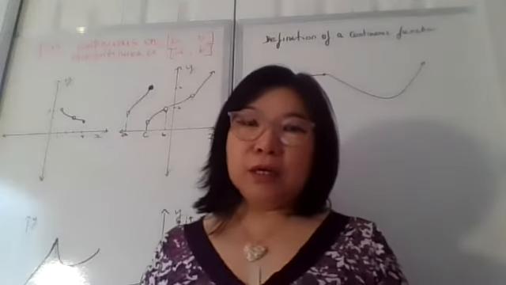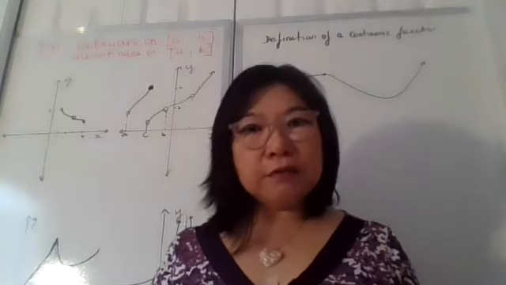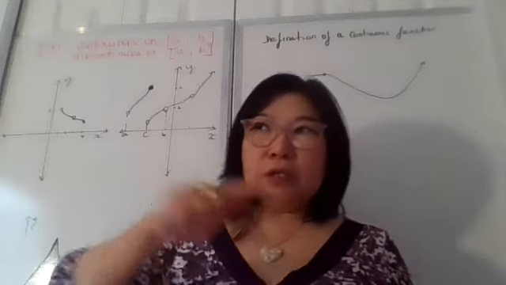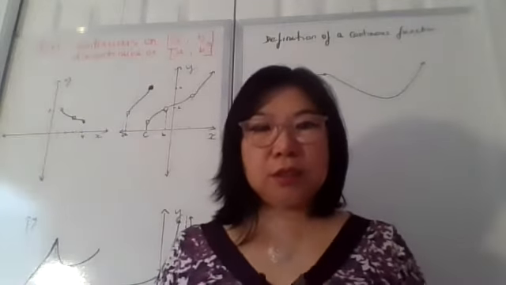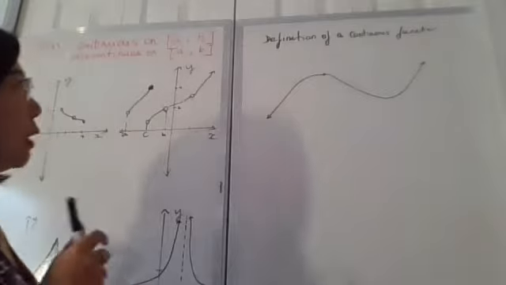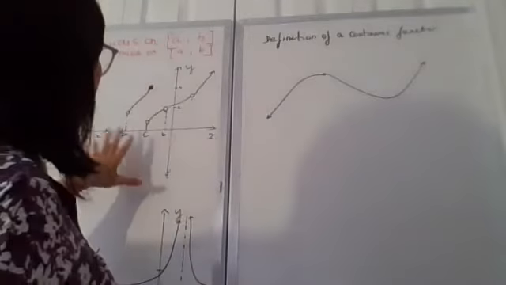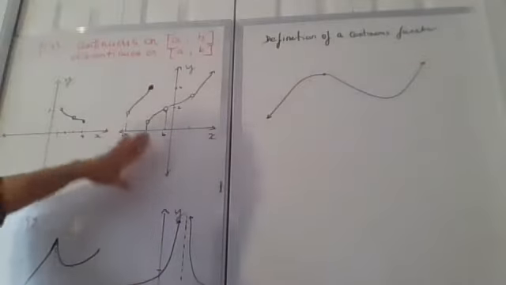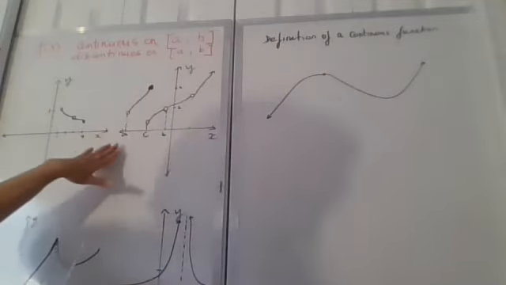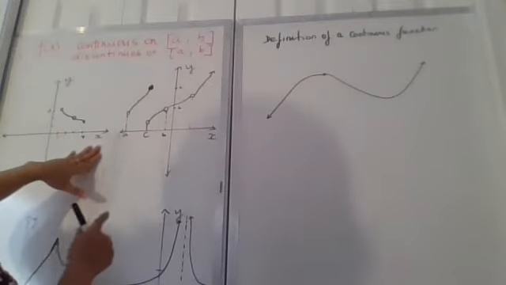Radical function, polynomial function, linear function, those are functions that keep going and are continuous. However, I'm going to show you a picture of a function that is not continuous.